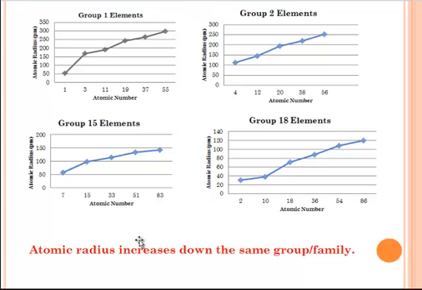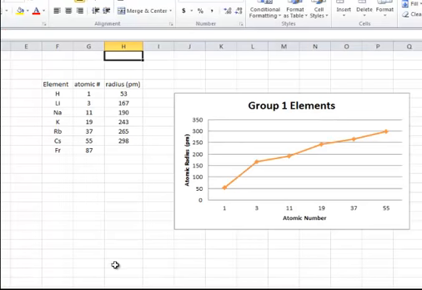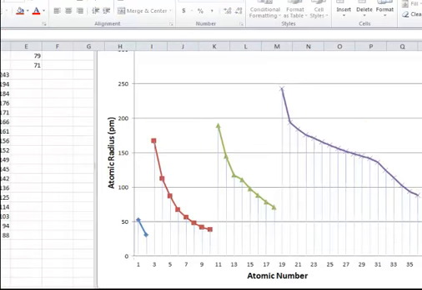Also, we can reorganize the data in a fashion that lets us start plotting across the period. So this is the first period, second period, third period, and the fourth period.